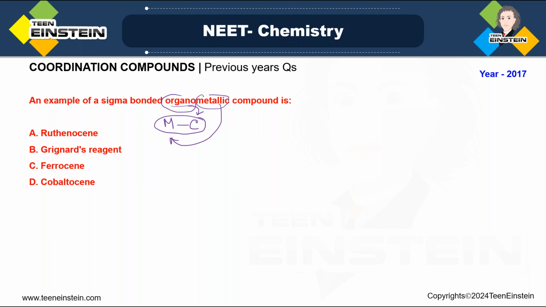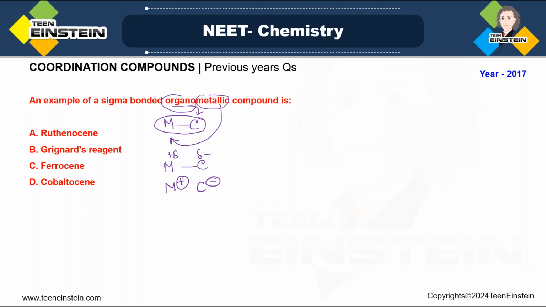So where a metal carbon bond is present, we call those compounds organometallic compounds, and the specific characteristic is that carbon is more electronegative than metal. So whenever you consider the polarity of this bond, the positive charge, I am writing delta plus because I have not fully broken the bond, and this is delta negative. If you break it completely, it will be M plus and C minus. So the negative charge will always be towards carbon.